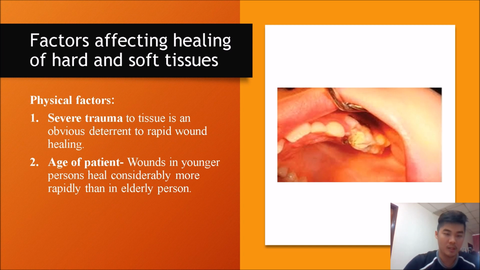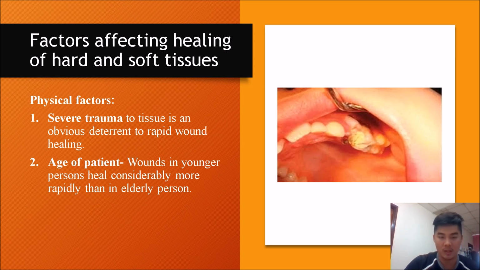Okay, next will be age of the patient. Wounds in a younger person heal considerably more rapidly than in an elderly person. In other words, we can say that the age of the patient is inversely proportional to the rate of the healing process. So when the patient gets older, the rate of wound healing is going to decrease.